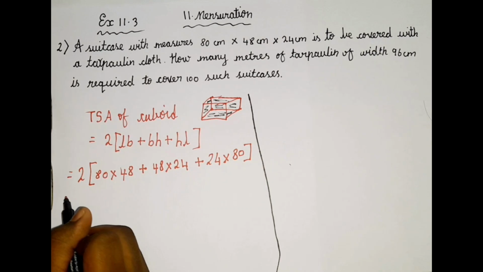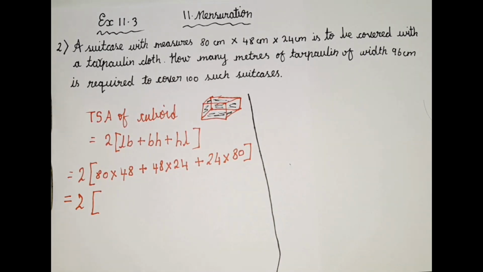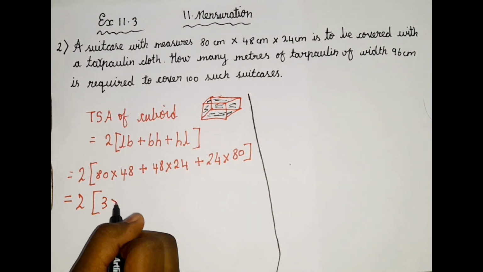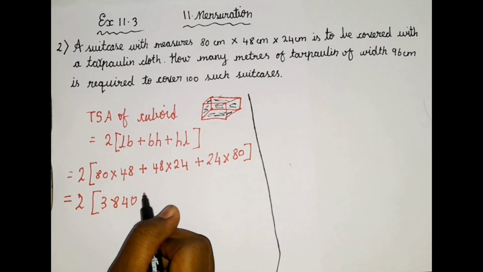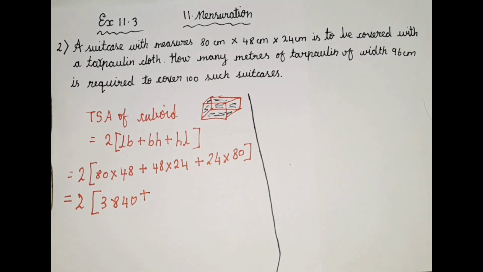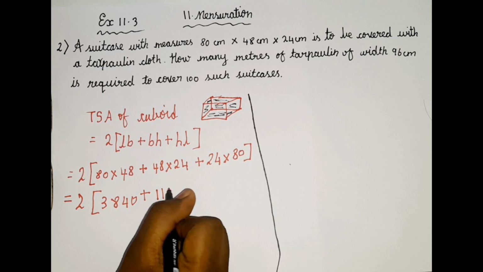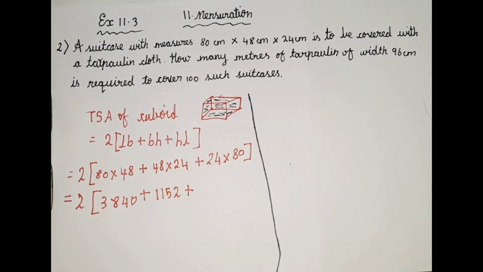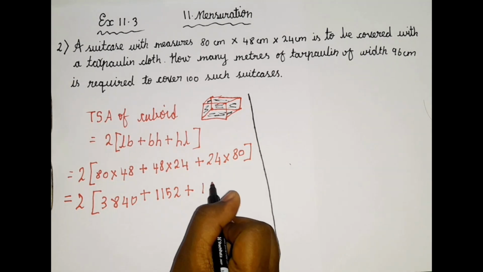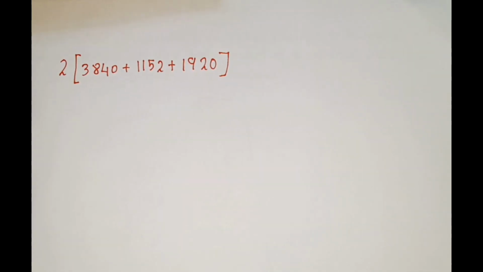So let me write the 2 as it is, okay? 2 into, so 80 into 48 is 3840, okay? 3840 plus 48 into 24 is 1152 plus 24 into 80 is 1920, okay?